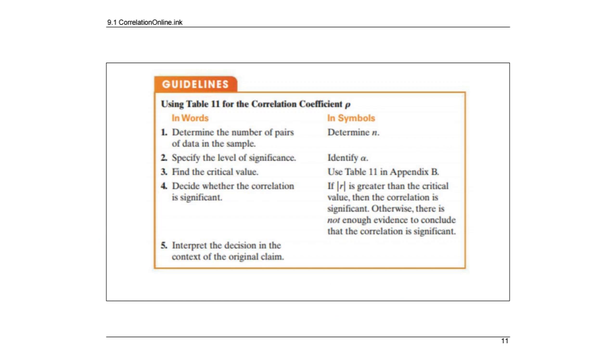Okay, in part two, we are going to look at a little bit of hypothesis testing. I wanted you to see here that we are going to look at the R, the correlation coefficient, and we are going to compare that to our level of significance. That's going to be in part two.